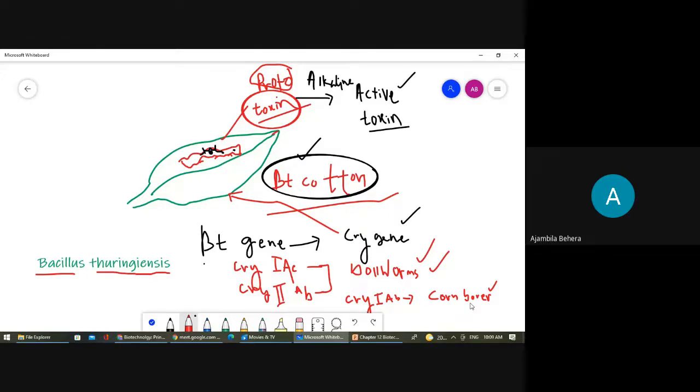How can you make BT cotton plant? The first step is the isolation of the gene, and the gene will be isolated from Bacillus thuringiensis, and this gene can be used for making the rDNA.